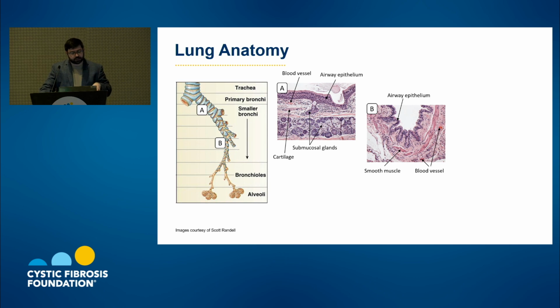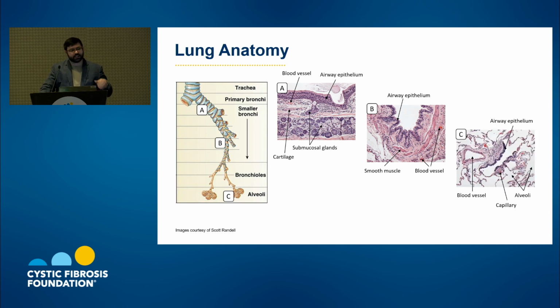But if you move down a little bit smaller, and this is where we're getting into more of the bronchioles of the airway epithelium, you see that it looks a little bit different. We still have the airway epithelium. It doesn't quite look the same. It's not quite as thick. There's also other things like smooth muscle that help with contracting the airways, as well as other evidence of blood vessels.